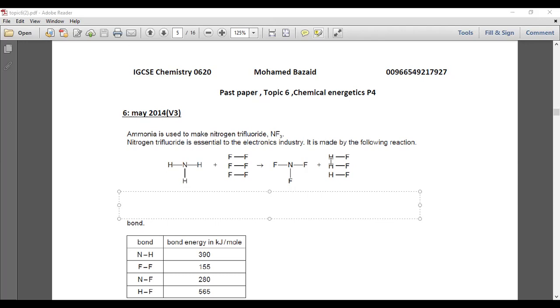Energy out: 3 multiply 565. Roa, in energy out, you forgot something. Check your energy out again. You forgot a compound.